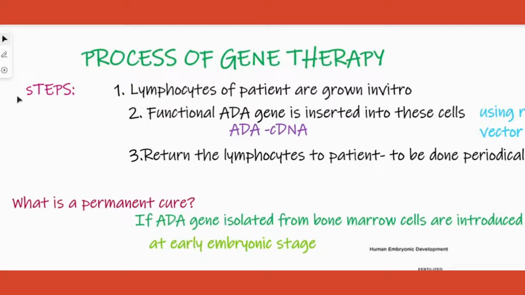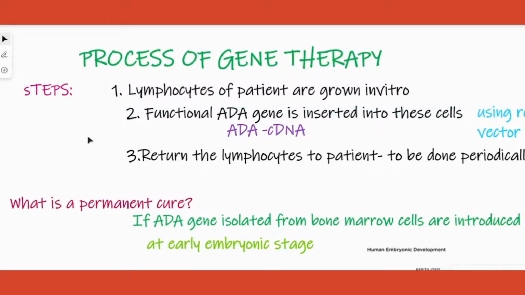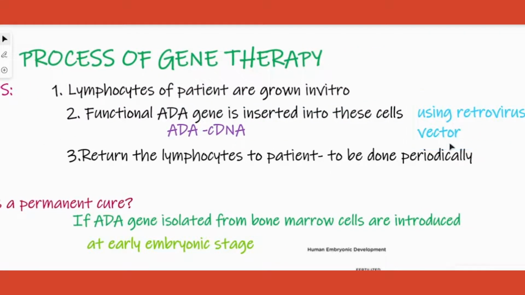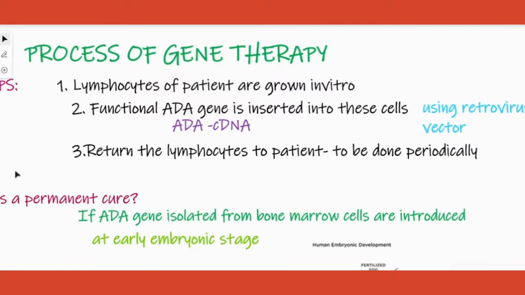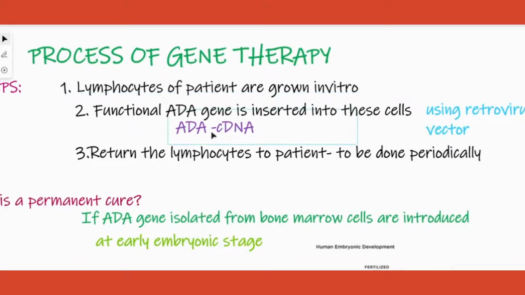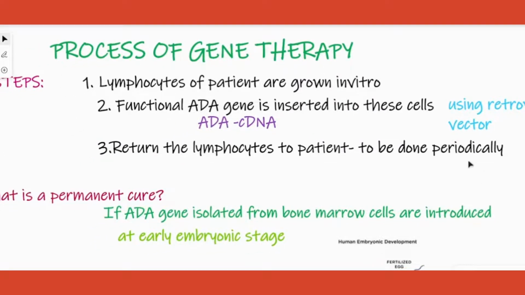Then the second step is to insert this ADA cDNA into these lymphocytes using a vector called retrovirus vector. Once you have inserted the ADA cDNA, complementary DNA gene, into the lymphocyte cells, return these lymphocytes into the patient. But again, this has to be done periodically.